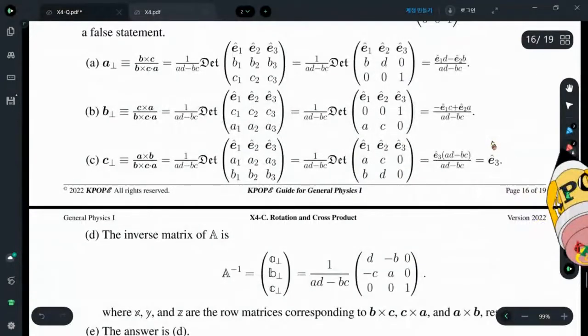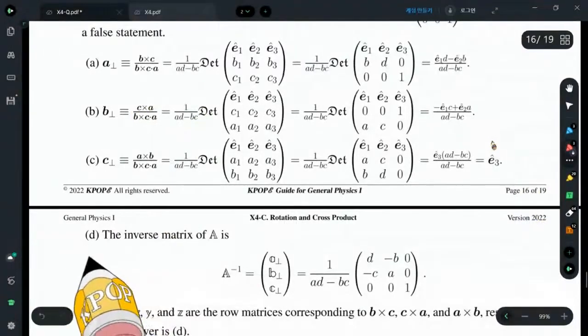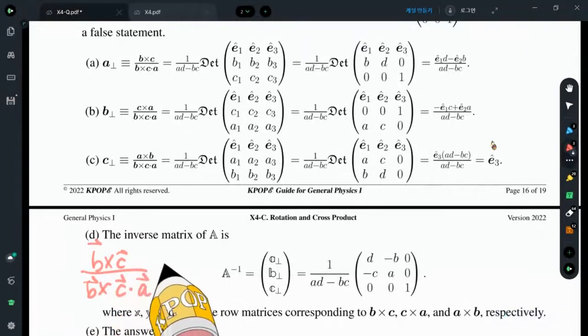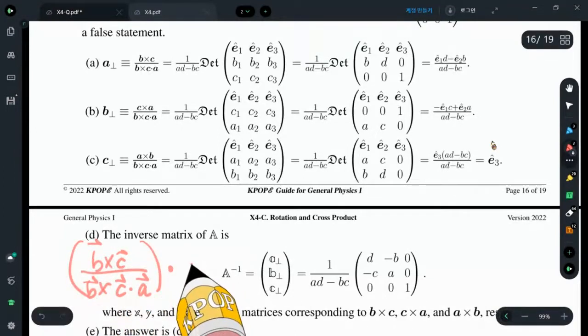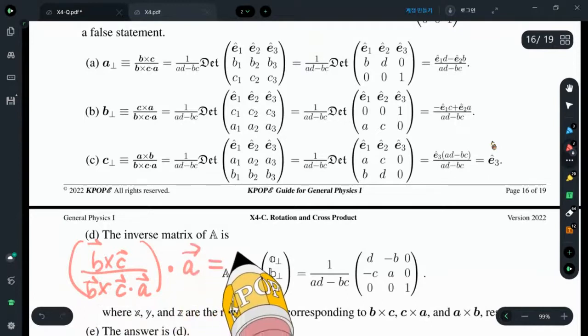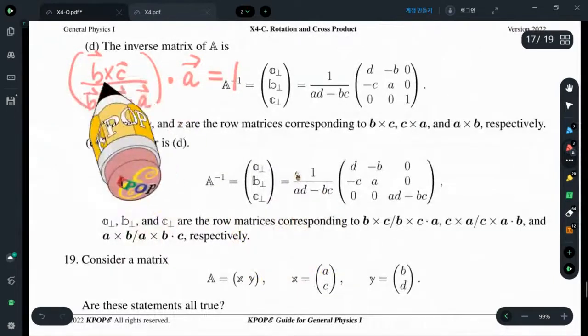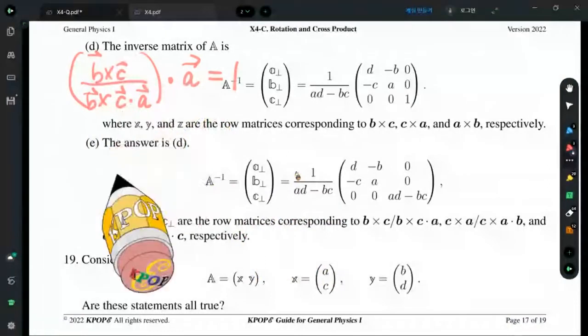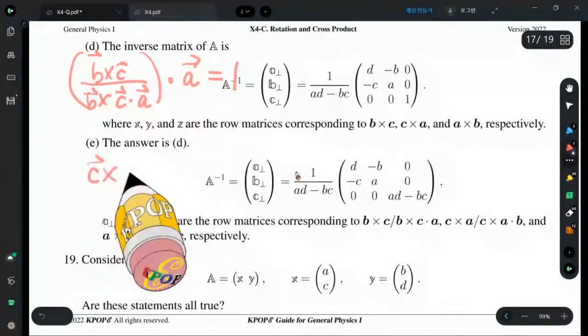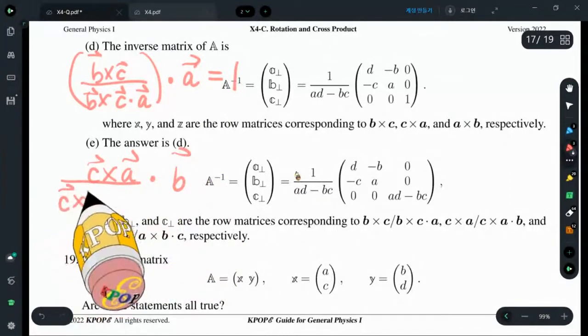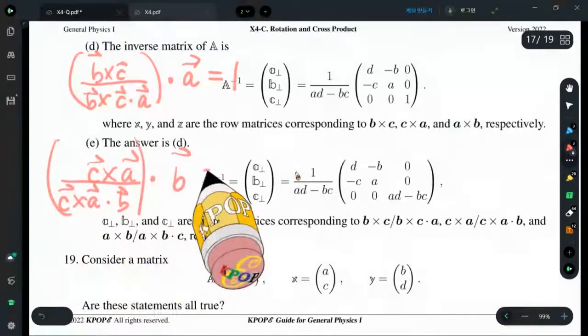The basic idea is B cross C dot A. If I take the scalar product with A, what happens? This is 1. Remember, this denominator is the same as B cross C dot A, right? And C cross A dot B, again, C cross A dot B. This one is 1.